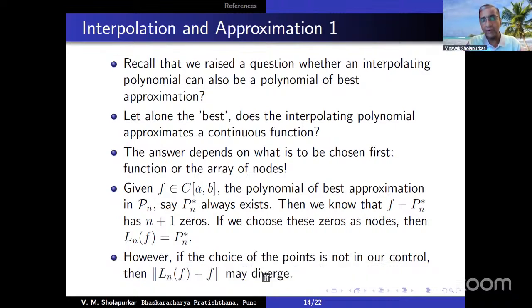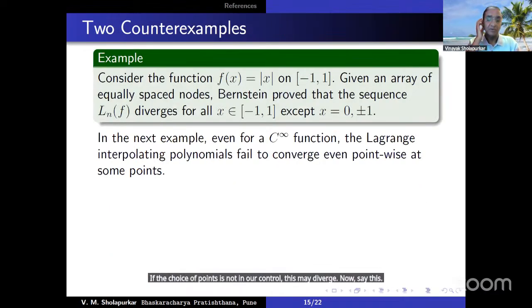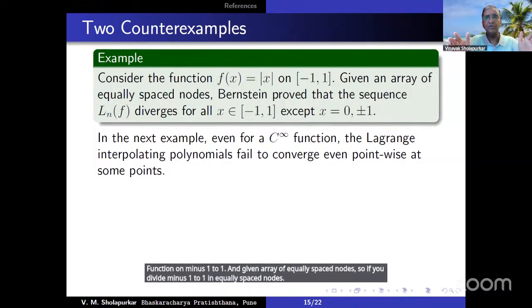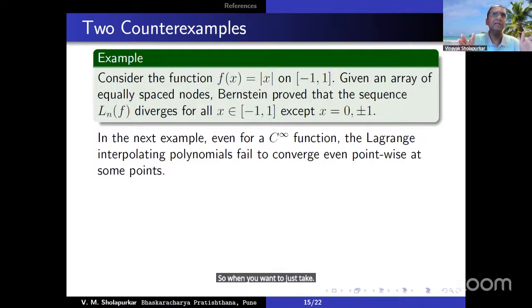If the choice of points is not in our control, this may diverge. Now see this. I want to present two counterexamples here. Take the absolute value function on -1 to 1 and a given array of equally spaced nodes. So if you divide -1 to 1 into equally spaced nodes, when you take degree, say 1, you take only 2 points, -1, 1. Then -1, 1/2, 1. Then you divide the interval into 4 parts, and so on.